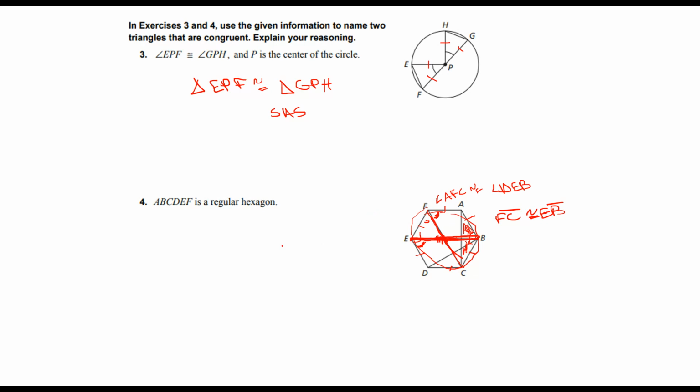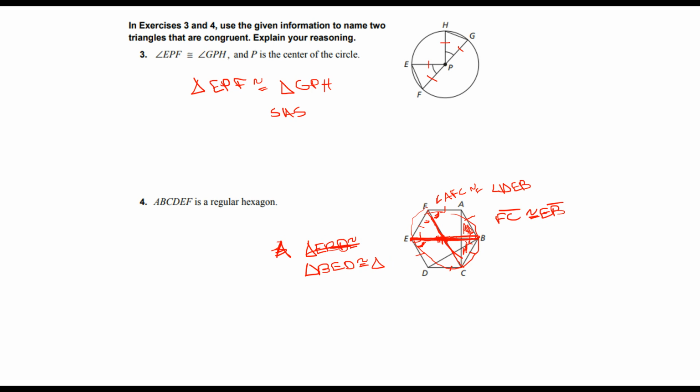So what have we proved? Well, we've got triangle, sorry, let me fix that. I should have probably gone in a different order. It'll be easier for me. Triangle BED is congruent. So I'm going to go with the side that's half the hexagon first.